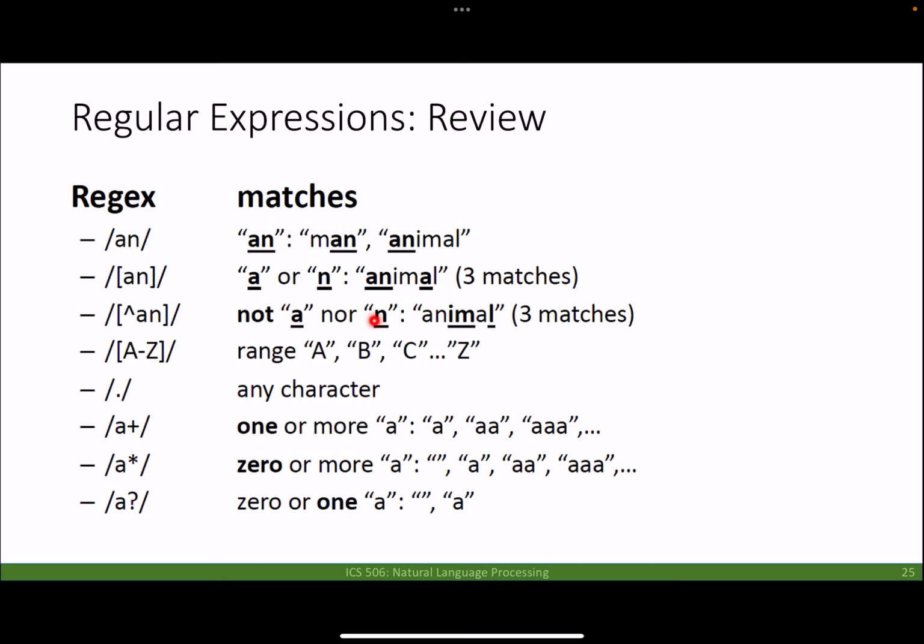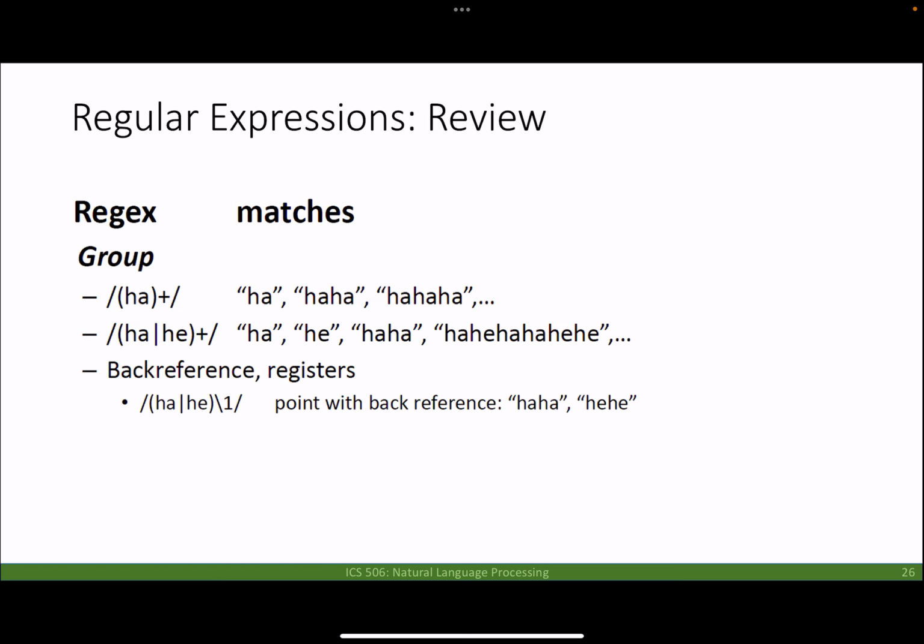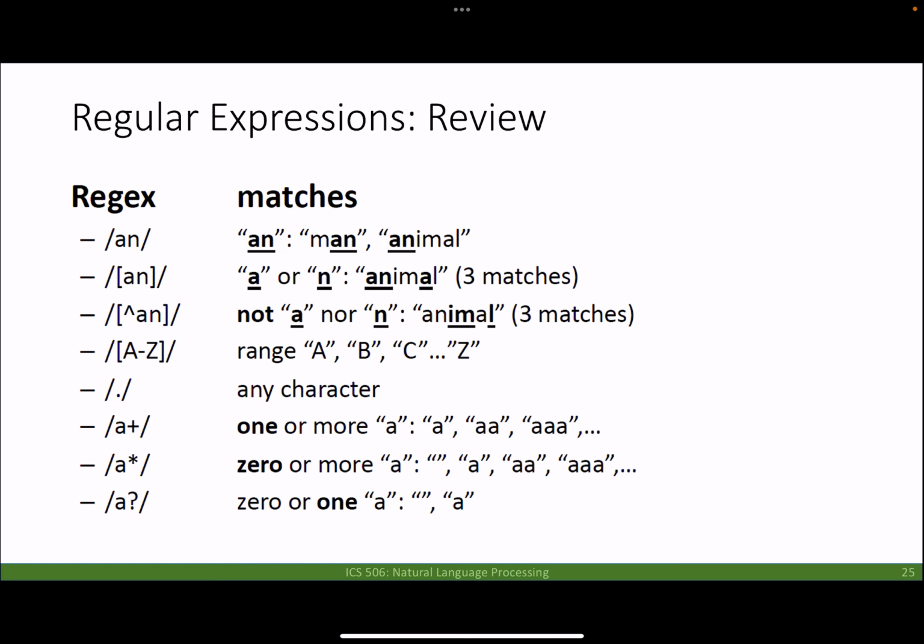The A is not matched because it's not the beginning of the word. ما في match أصلا. Okay, but if we are matching capital letters regardless of the location on the line, then we would match the capital P and the capital A. Okay, طيب نعم.